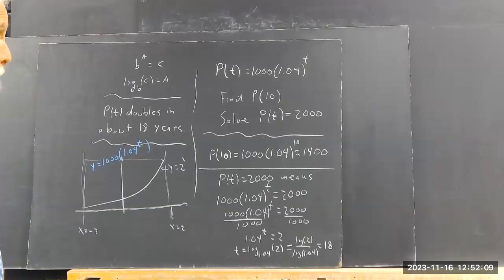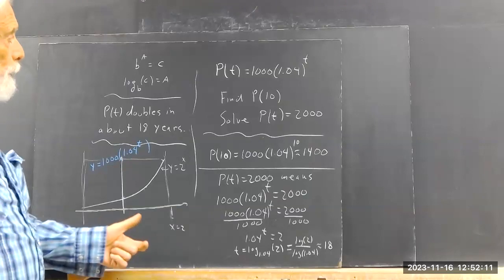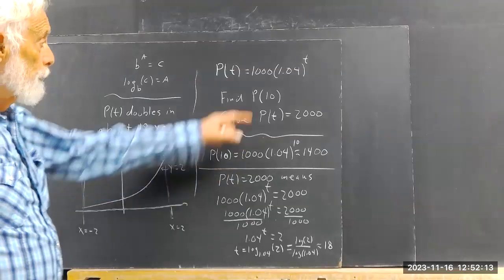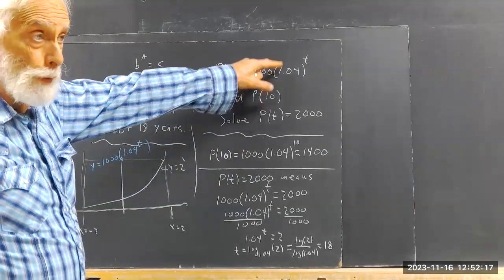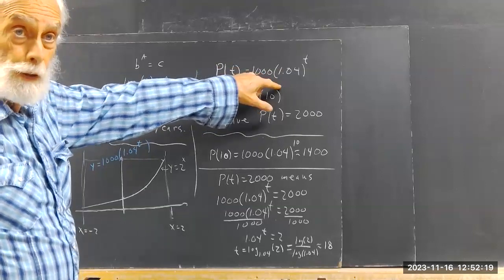Okay. Now when t equals 0, what's this equal to? It's equal to 1000. 1.04 to the 0 is 1. So if t is 0, this is 1000.